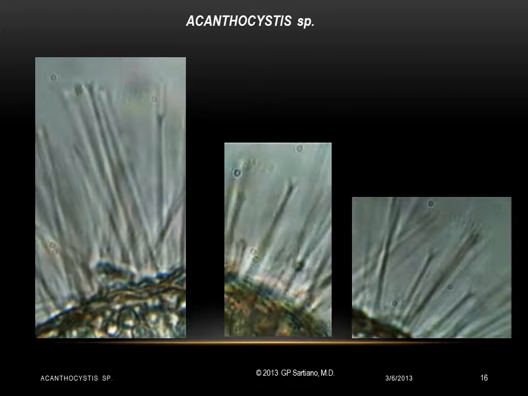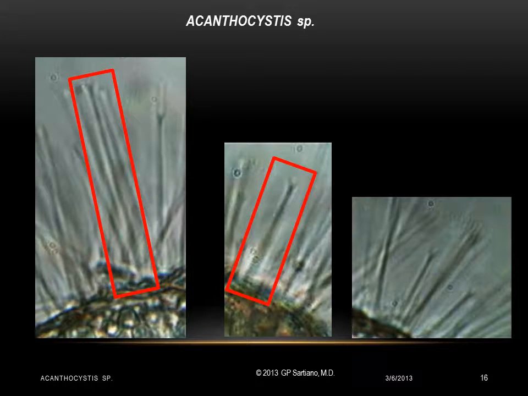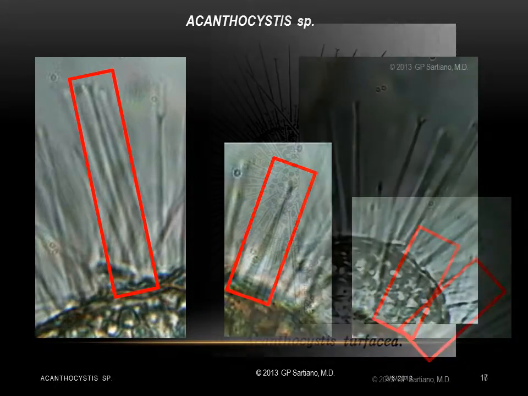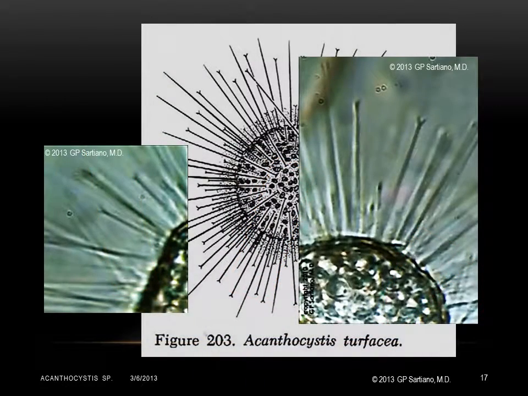Note that although the spicules can be of long, intermediate, or short type, the Y-shaped tip is the common configuration. It seems likely that the organism depicted thus far is Acanthocystis terfacea.